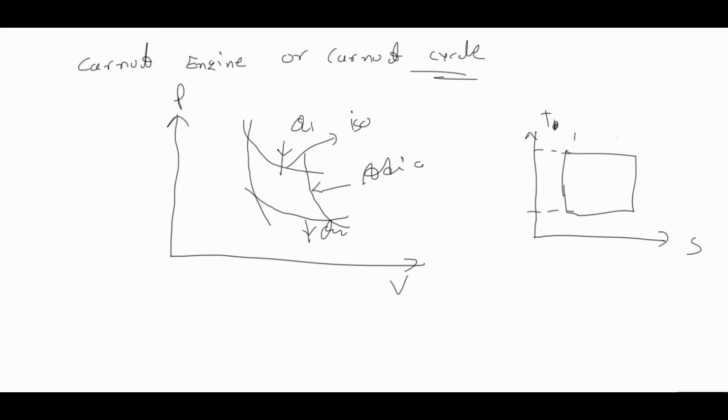So 1, 2, 3 and 4: isothermal expansion, adiabatic expansion, isothermal compression, adiabatic compression. This is the diagram for Carnot cycle. Efficiency, eta is equal to 1 minus T2 by T1, 1 minus lower temperature to the higher temperature.